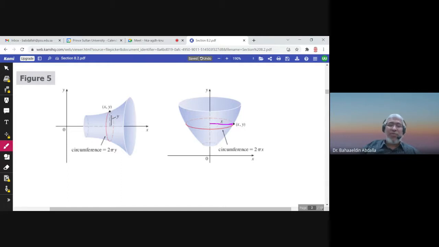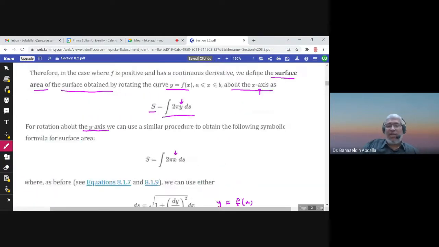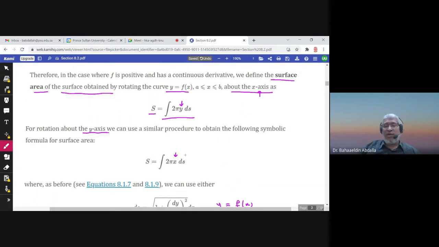So that's the most important thing to remember. When we rotate about the x-axis, the radius is y. When we rotate about the y-axis, the radius is x. So the circumference here is 2 pi x, while here it is 2 pi y, and the surface area would be either the integral of 2 pi y ds or the integral of 2 pi x ds.